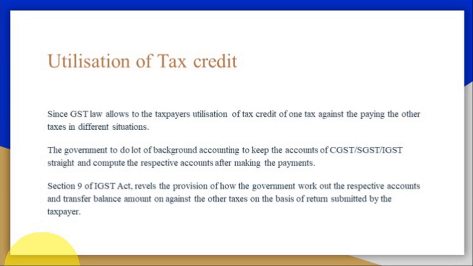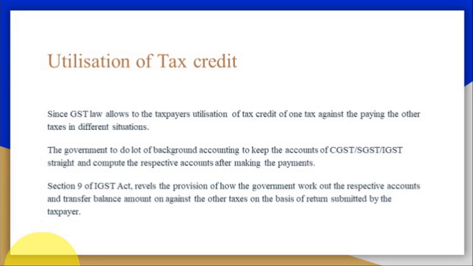Now, how will this mechanism work out here? GST law allows the taxpayer to utilize the tax credit of one tax against paying other taxes in different situations. In the previous indirect tax regime also, there was utilization of tax credit, like Central Sales Tax being utilized for the payment of value added tax, but it did not work out properly.